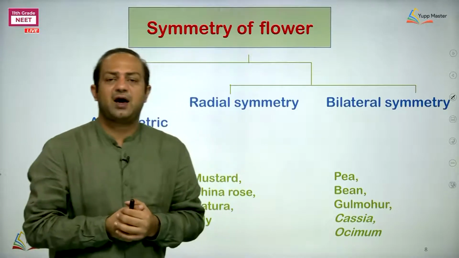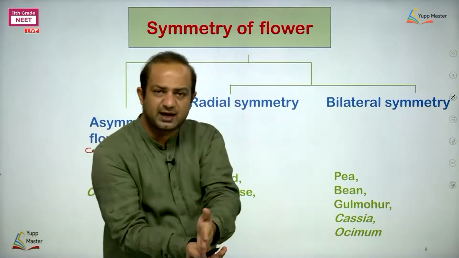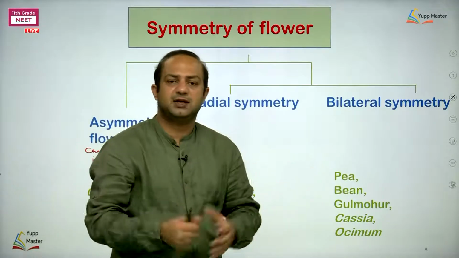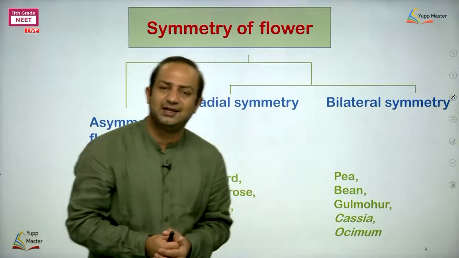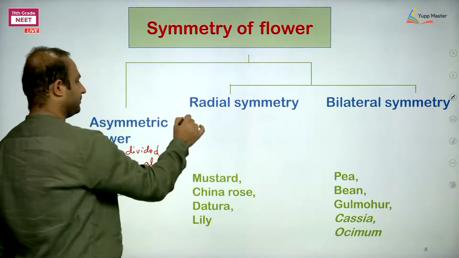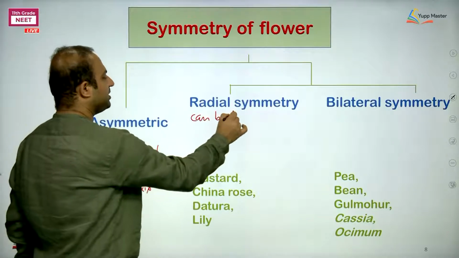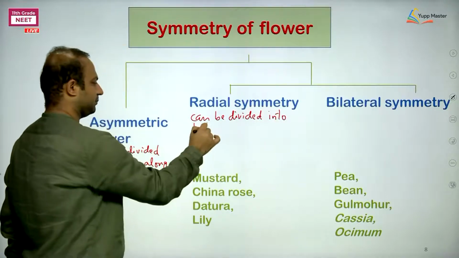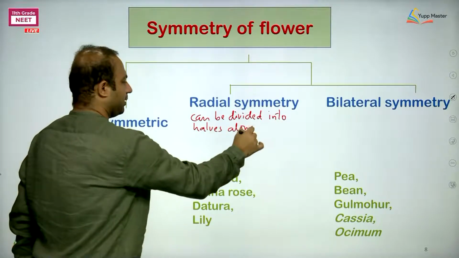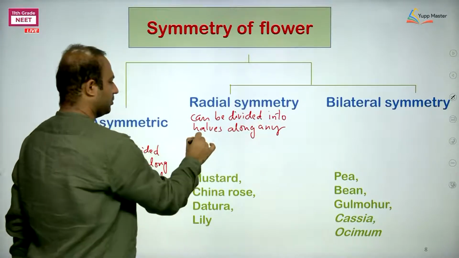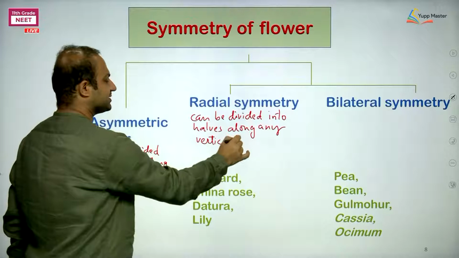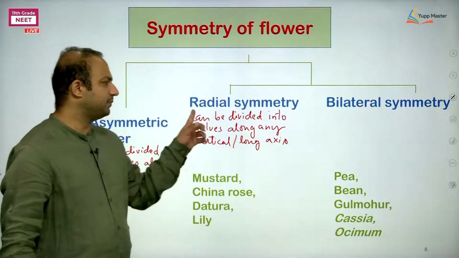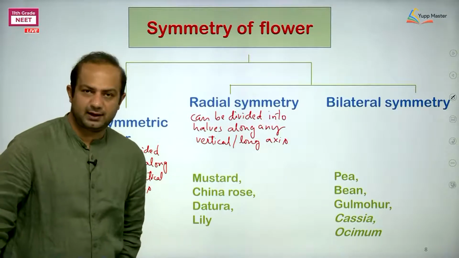So if I cut the structure from this plane or from this plane, it is going to be in equal parts, means halves can be created along any vertical or long axis. That will be called radial symmetry.